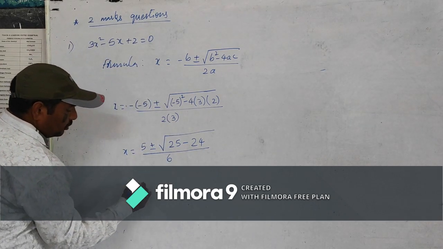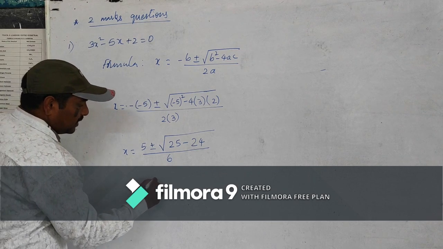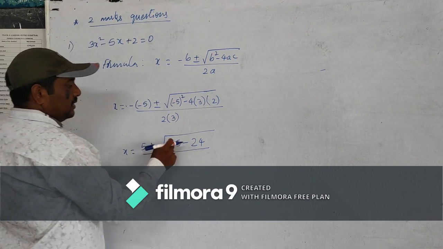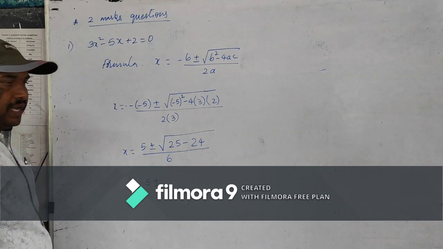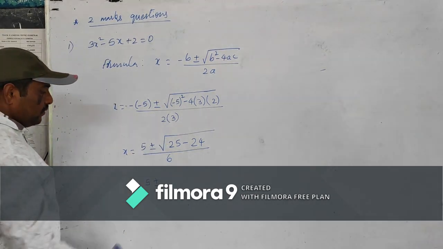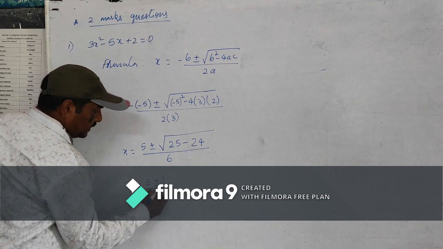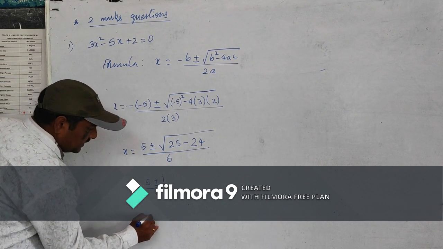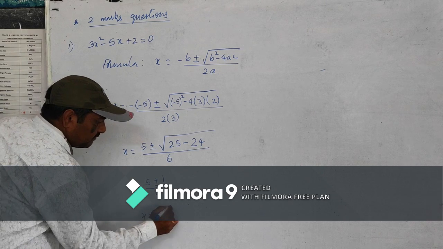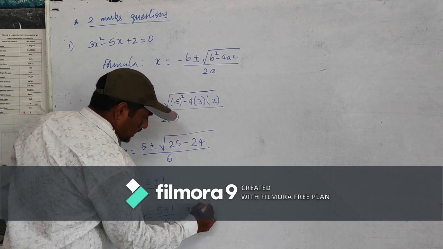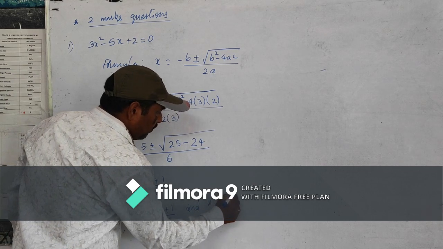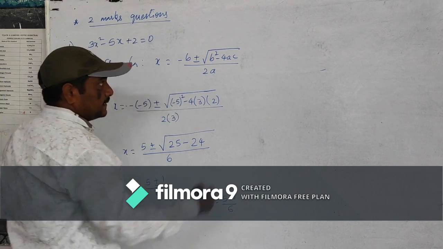So x is equal to 5 plus or minus under square root 25 minus 24. 25 minus 24 is 1. So square root of 1 is 1, divided by 6. Now x is equal to 5 plus 1 by 6 and x is equal to 5 minus 1 by 6.